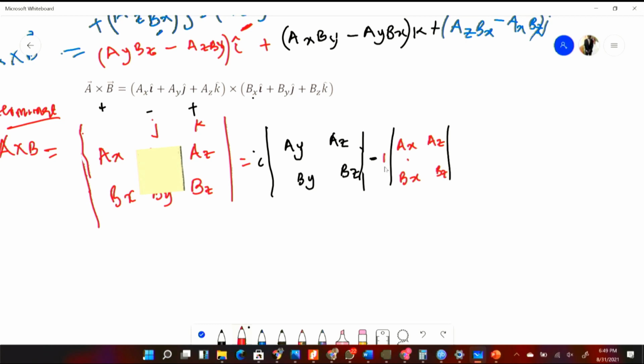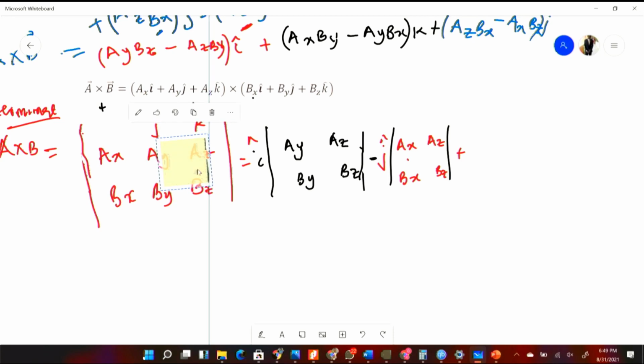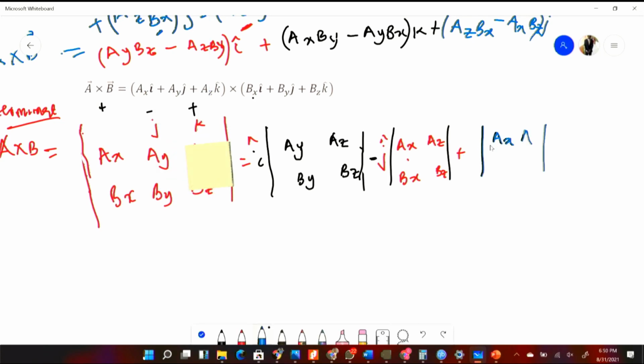This is for our j component. Then for the third determinant, we are going to cover this part, and we are left with this determinant, which is ax, ay, bx, and by. This is our k component.